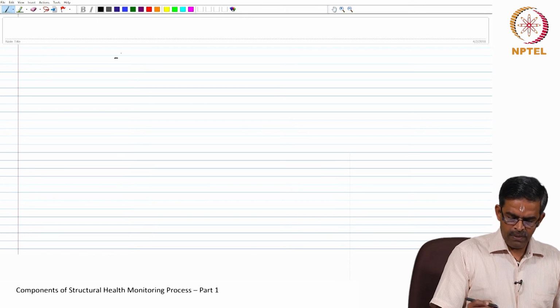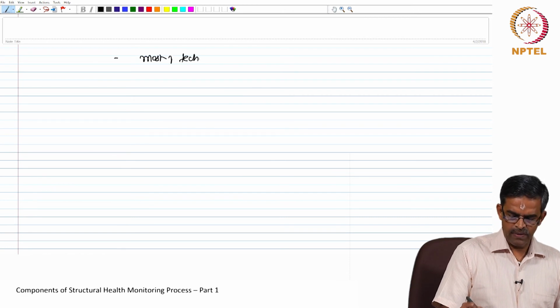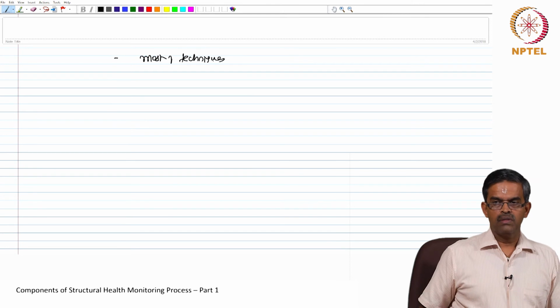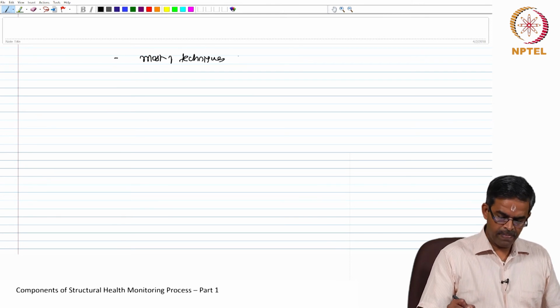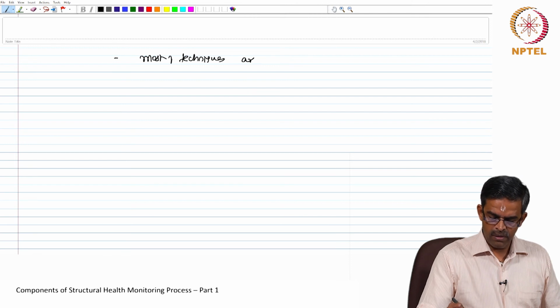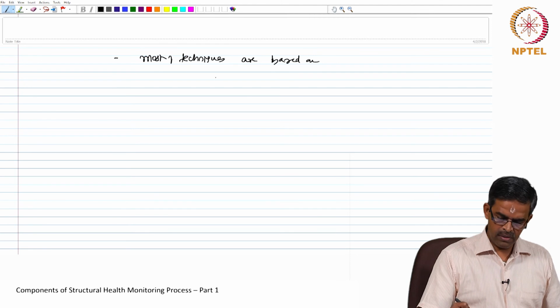Very importantly, most of the techniques which use the service life prediction based on damage modeling are based on reduction in rigidity of the member.